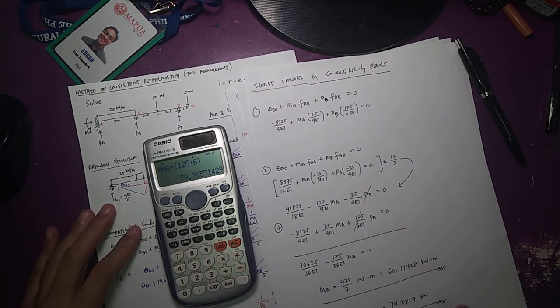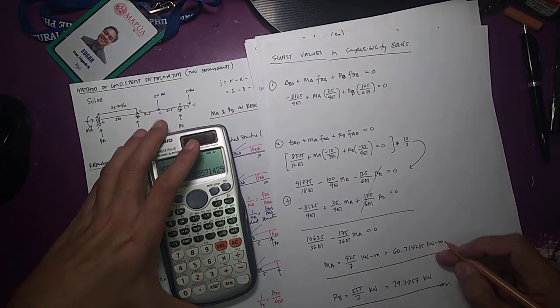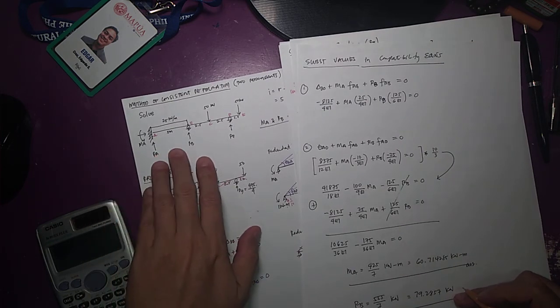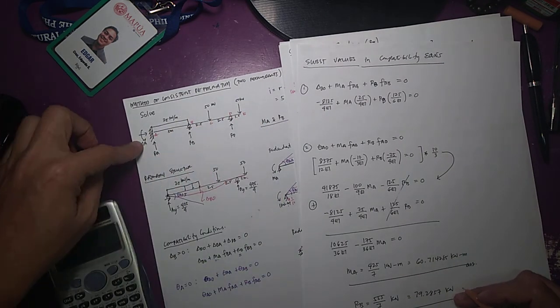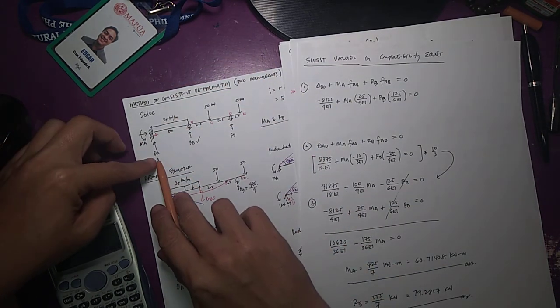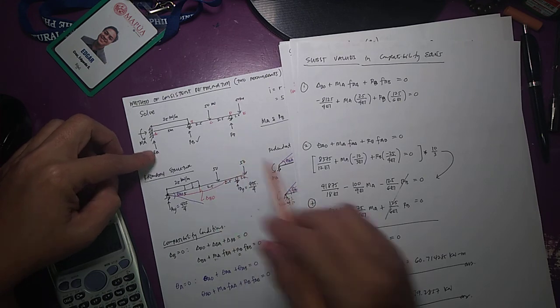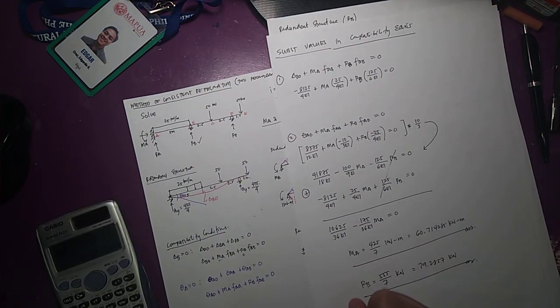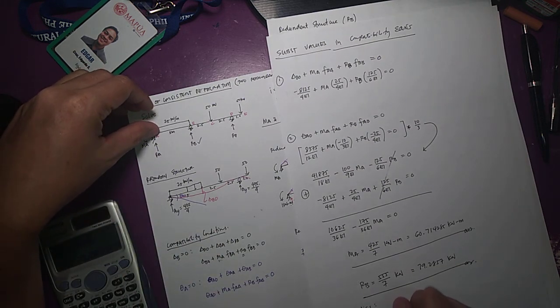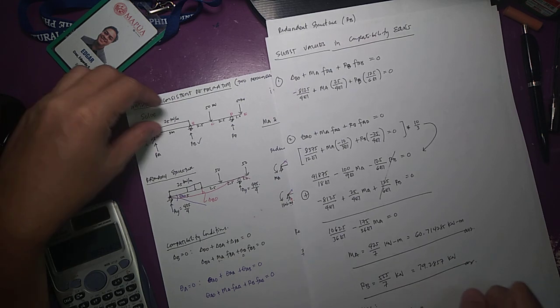So that's it. After solving for the moment at A and the reaction at B, going back to the original beam, knowing the moment and the reaction at B, by statics you could solve for RA and RD. You could take the summation of moments about A equal to 0 to solve for RD.